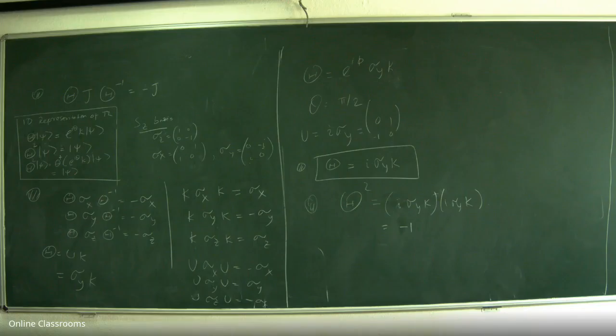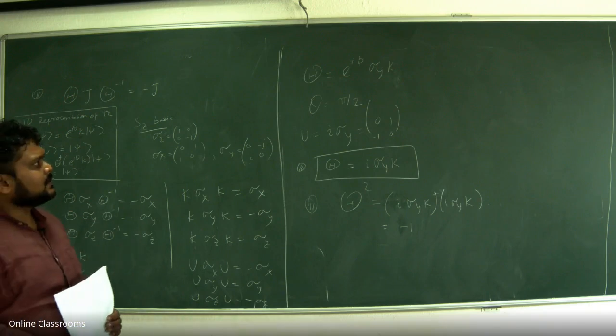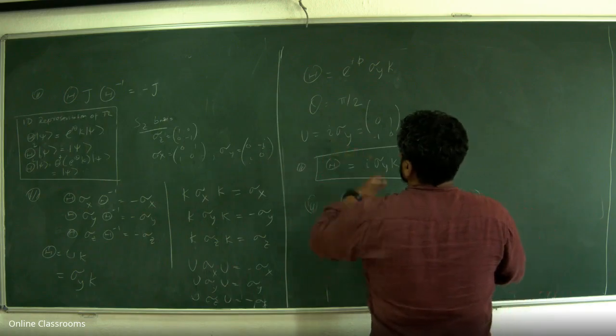Sir, for that U sigma x U, how are we writing that it would be minus sigma x? Where we have mentioned that U sigma x U equals minus sigma x. How are we writing that minus sign there? The last line of the left side.